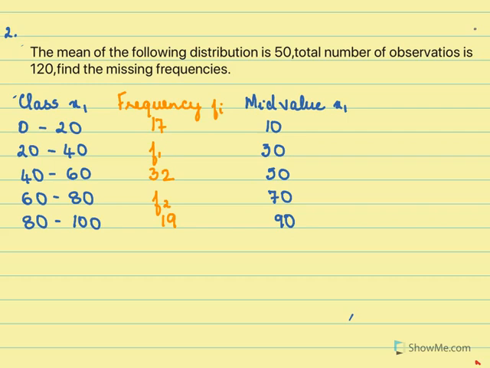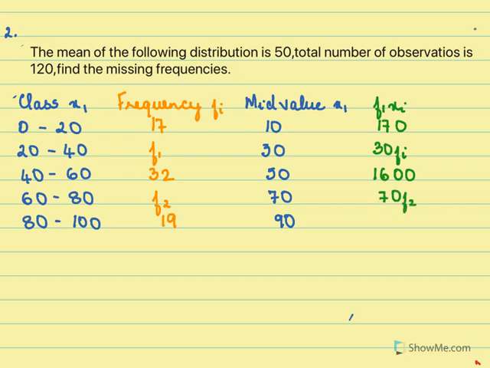In the next row, we need to find the product of Fi Xi. So first is 10 into 17, that is 170. F1 into 30, so it is 30 F1. 32 into 50 is 1600. F2 into 70 is 70 F2.